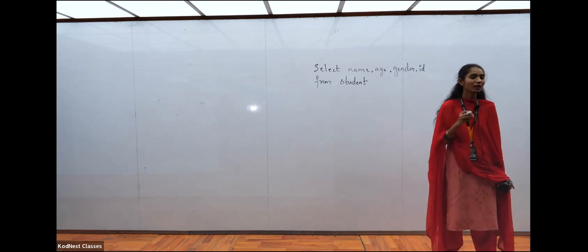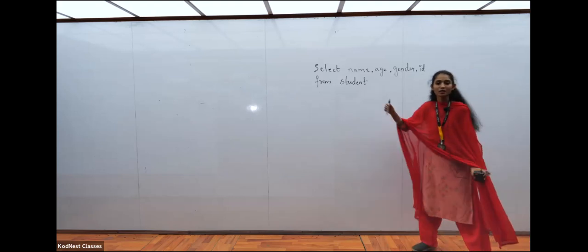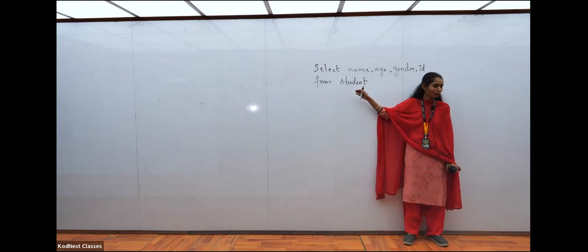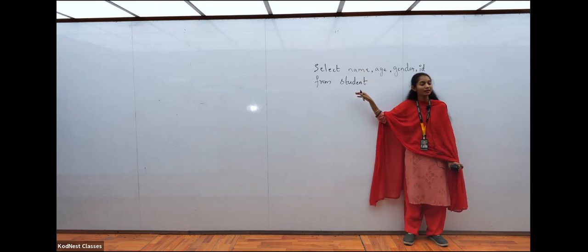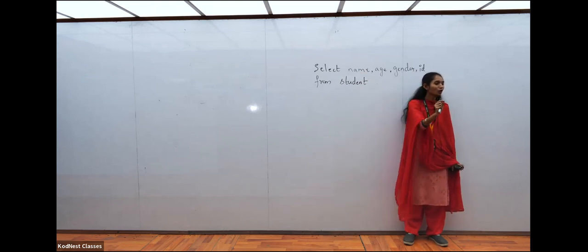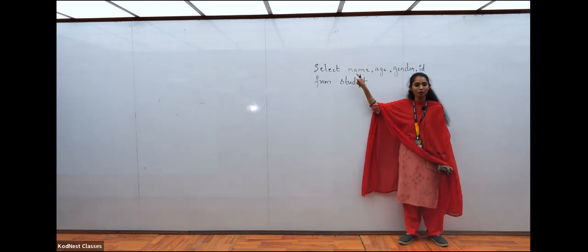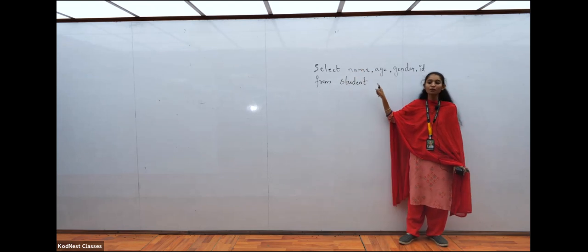While writing, you cannot tell the from with table first and then use the select command. No, you have to write the query in this manner only. First you have to tell select and then only you have to tell the from.